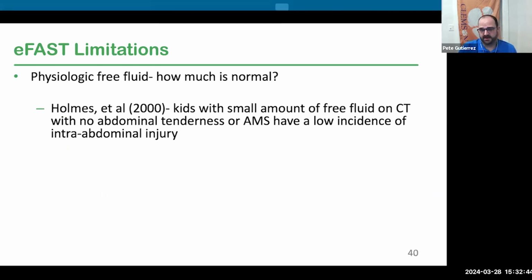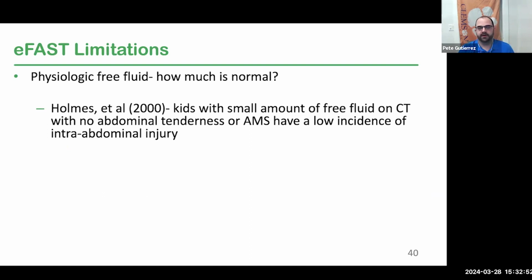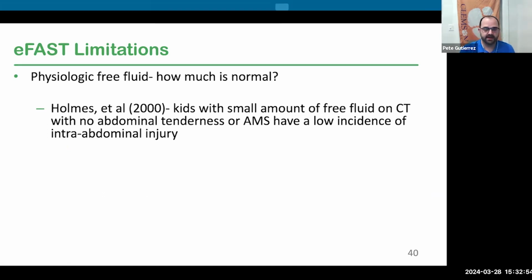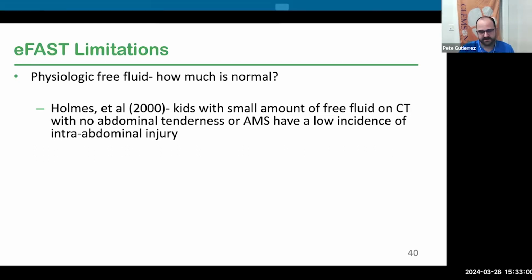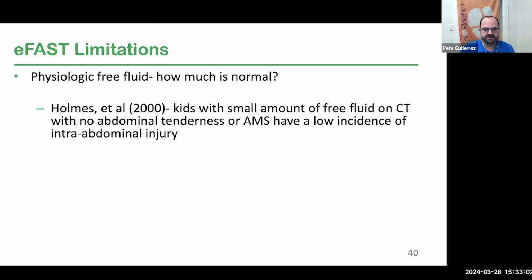On the flip side of that, if we see free fluid, how much of that can be normal? Traditional teaching was that we should only see free pelvic fluid in postmenarchal females. Well, again, as our technology is getting better and better, we are seeing more and more trace pelvic free fluid in males and in premenarchal females.